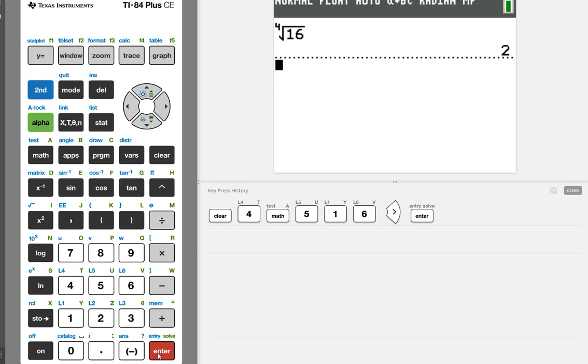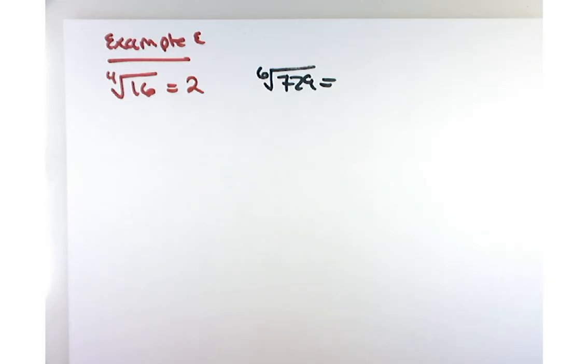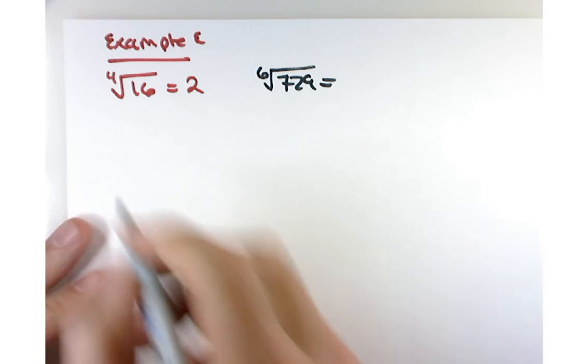Okay, so let's try one other one, just to check yourself on this. Try the 6th root of 729. This should come out to a nice even number. So give that one a shot. Tell me what you get. And then we'll work on a couple more here.